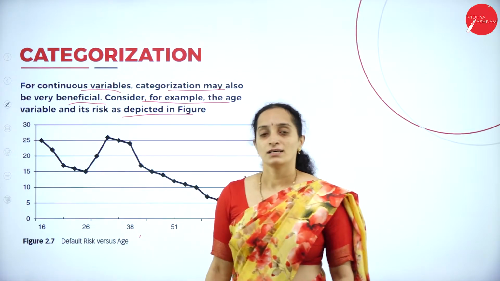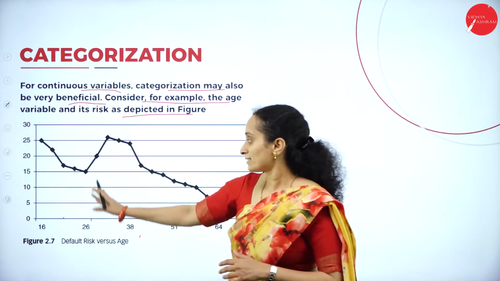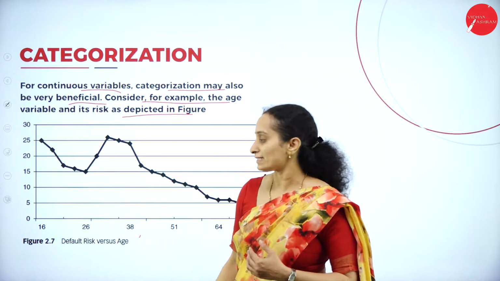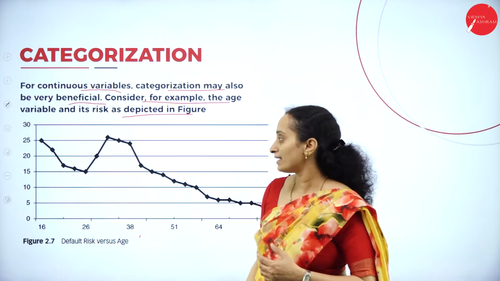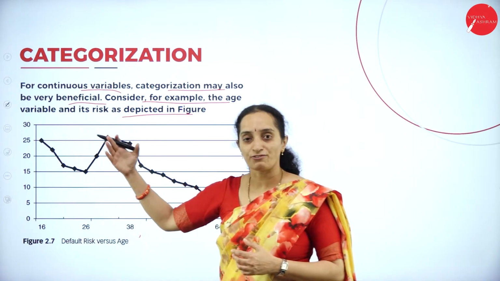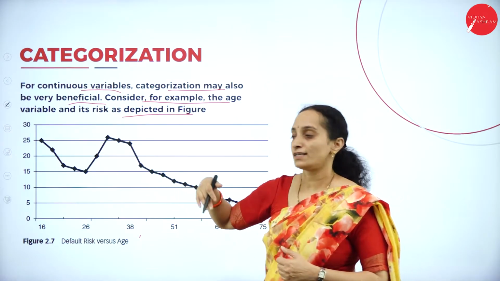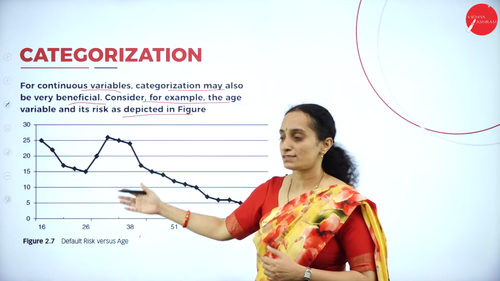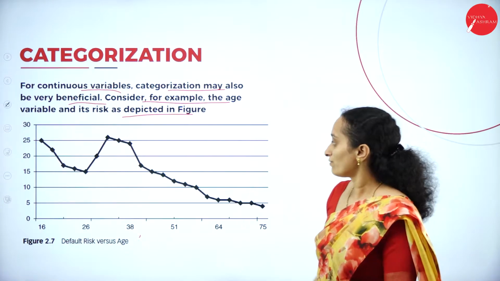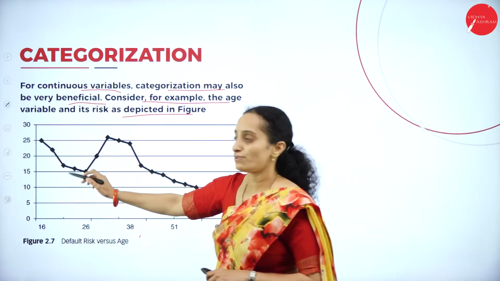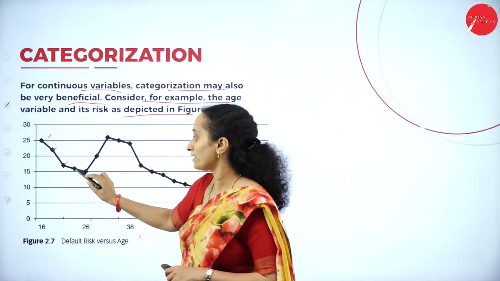At that range, the risk will be a little bit less. When you cross 30, the risk again increases, maybe related to the life risk or the security risk, whatever it is. The risk goes on reducing with the age. So we have these continuous variables. These are the different variable ranges.